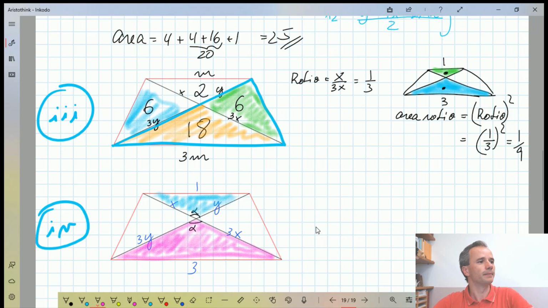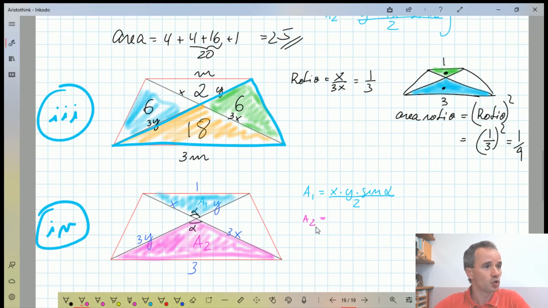Okay, it's better. Now, let's go with this triangle in here, area 1. So the blue area is going to be what? Side times side times the sine of alpha divided by 2. What about the purple one? What about the purple area? Okay, this one.